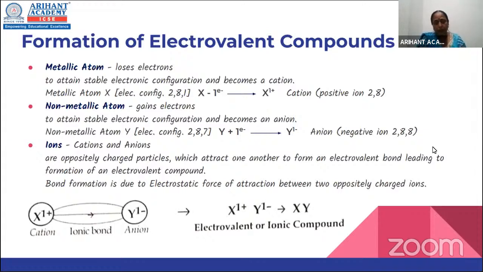And since these are opposite charges, there will be a bond formation which will be pretty strong, and that is due to the keyword here. Remember in all your answers: electrostatic force of attraction between two oppositely charged ions. If you miss out on certain important words, you'll say there is attraction between cation and anion. Fine.